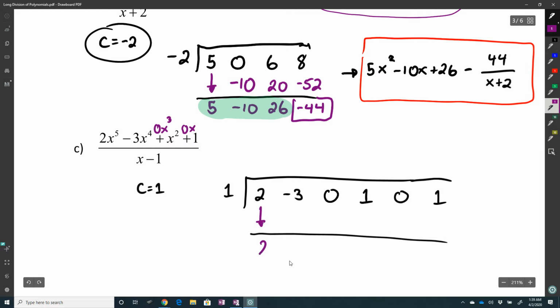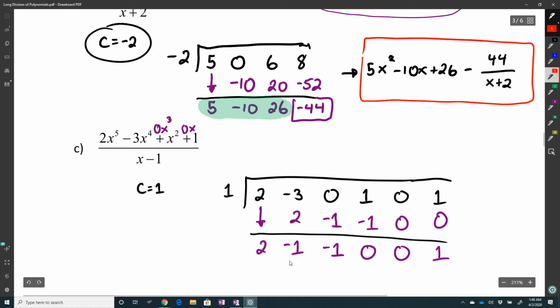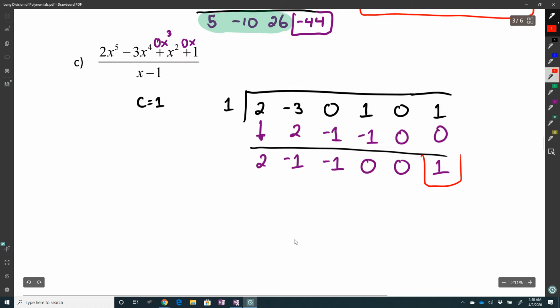So we work through it, bring down the 2, multiply, add them up, multiply, add them up, multiply, add them up, multiply, add them up. See, that's why we like it.